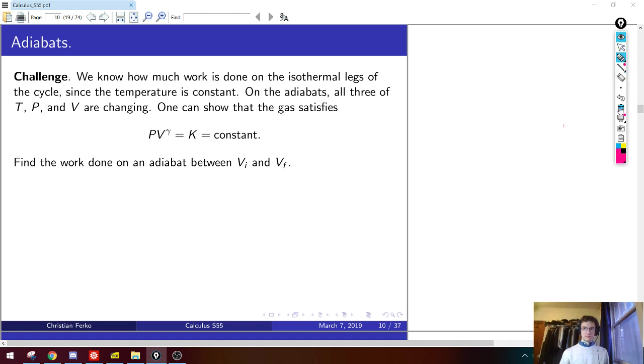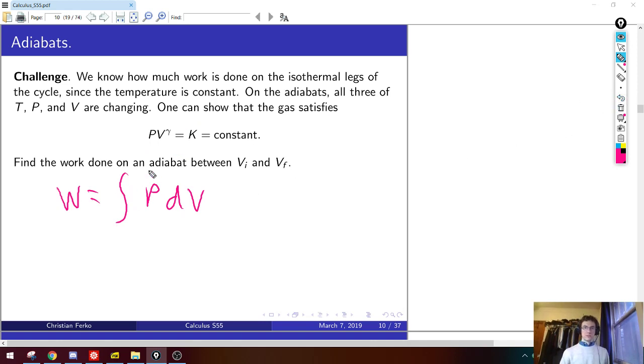I guess we can integrate each side of this equation. Well, what we would normally do for the work is integrate P dV. So can we integrate both sides of this equation? That would not work. I don't think we can do that yet.